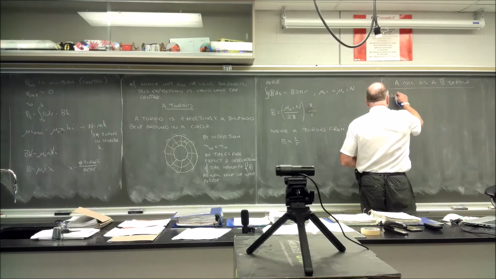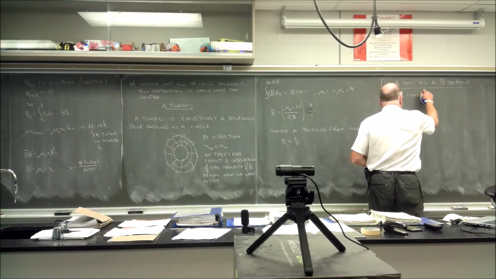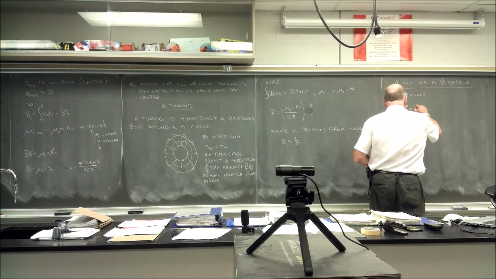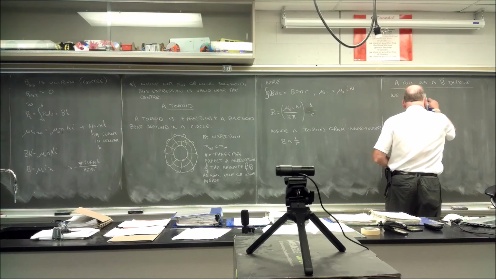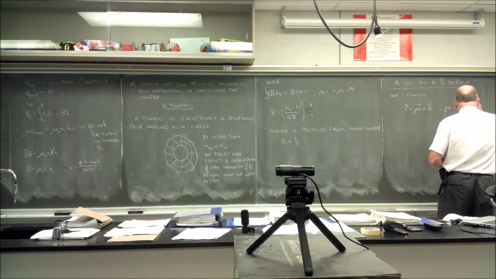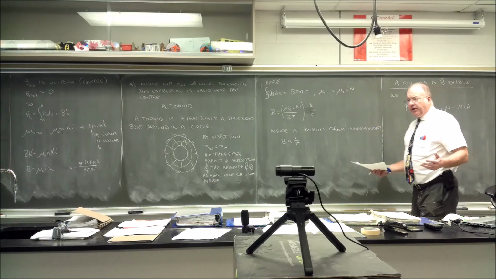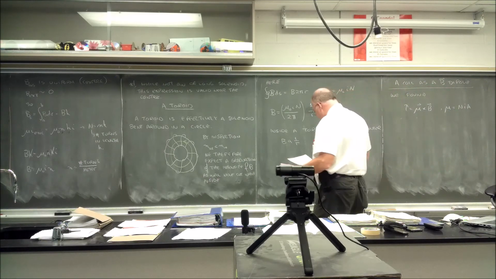We found in the last day that tau is equal to mu cross B, where mu was the magnetic dipole moment, and that's what gets a current loop to rotate. But of course, what is a solenoid but a current loop, right? It's the same kind of thing.